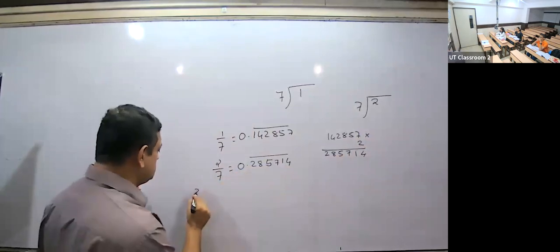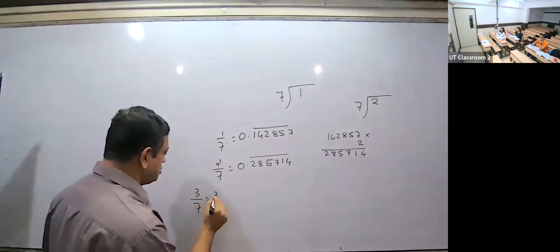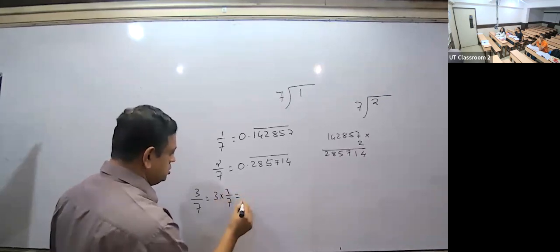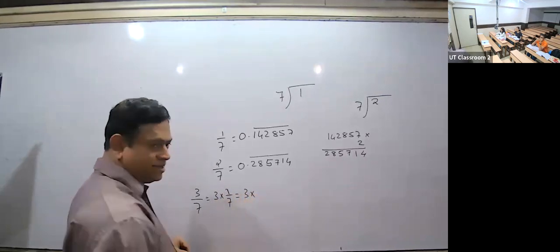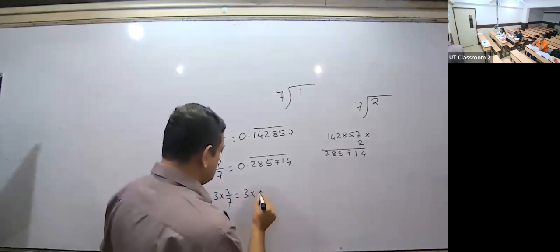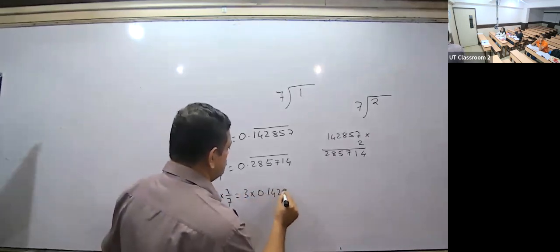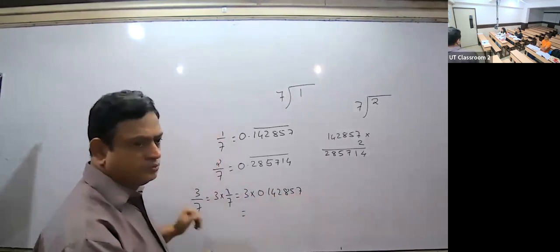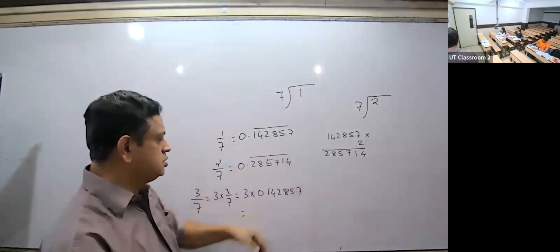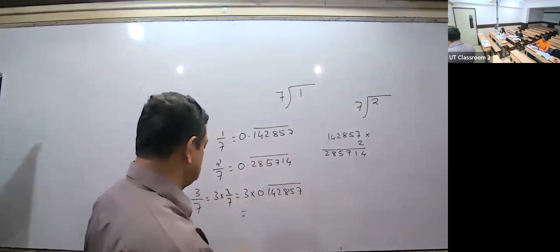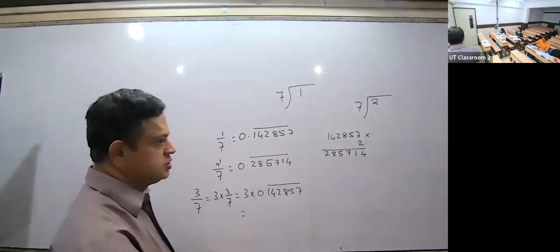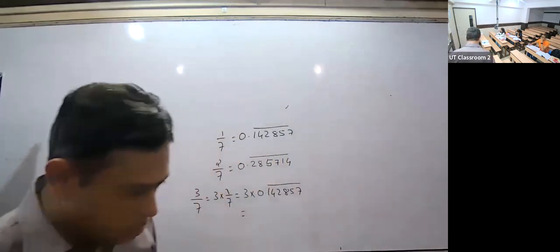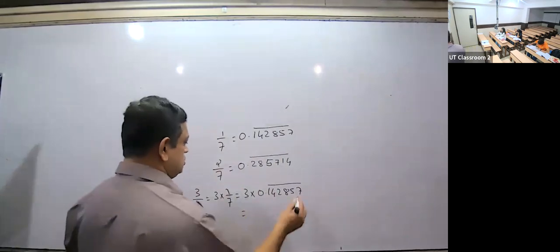So what will 3 by 7 be? It is equal to 3 into 1 by 7, that is 3 into 0.142857. Multiply and see how much you get. Just multiply this only, nothing else; the recurring will come. In the same way, 4 by 7 and 5 by 7, you have to find all now. 7 3s are 21.